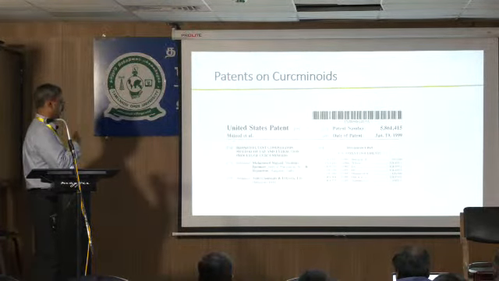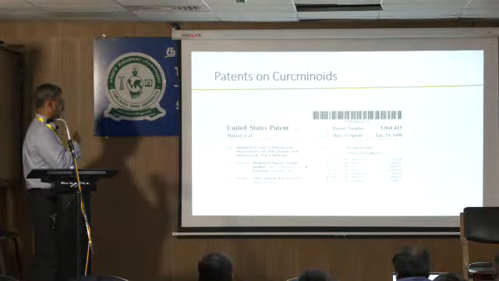Again, the United States shows a bioavailable curcuminoid formulation for treating Alzheimer's disease and other age-related disorders, which is patented by the US, and they are still holding these patents.